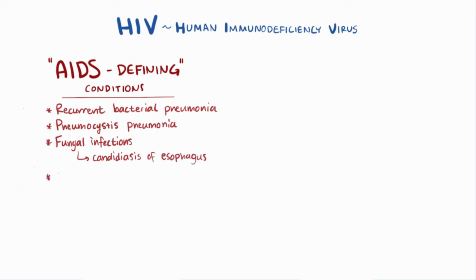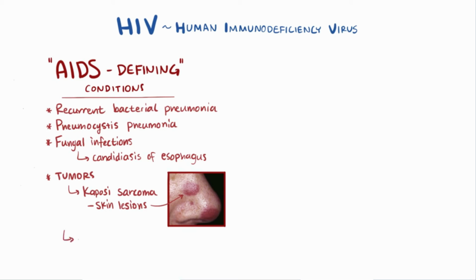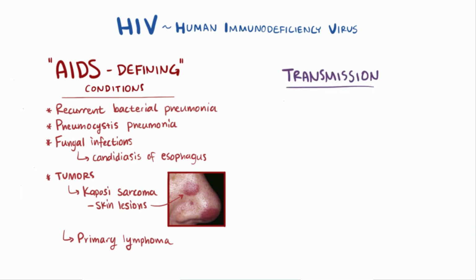Other conditions include certain tumors and malignancies like Kaposi sarcoma, which causes lesions on the skin and other soft tissues, and primary lymphoma of the brain. Many people with AIDS die from infections that a healthy immune system would typically be able to fend off, like pneumocystis, cytomegalovirus, or Mycobacterium avium complex.